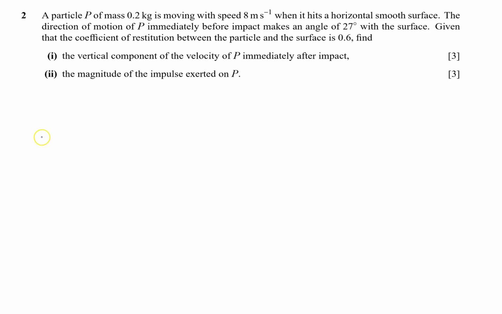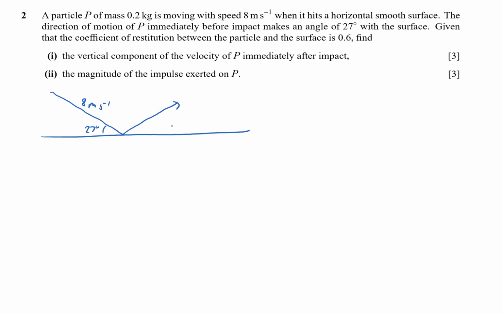So we've got a horizontal smooth surface, and it comes in at speed 8, hits that at an angle of 27 degrees, and that's 8 meters per second it comes in at, and it leaves here something like that.